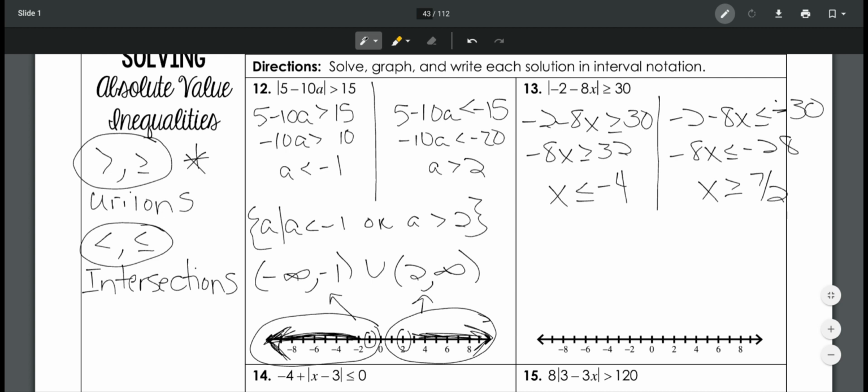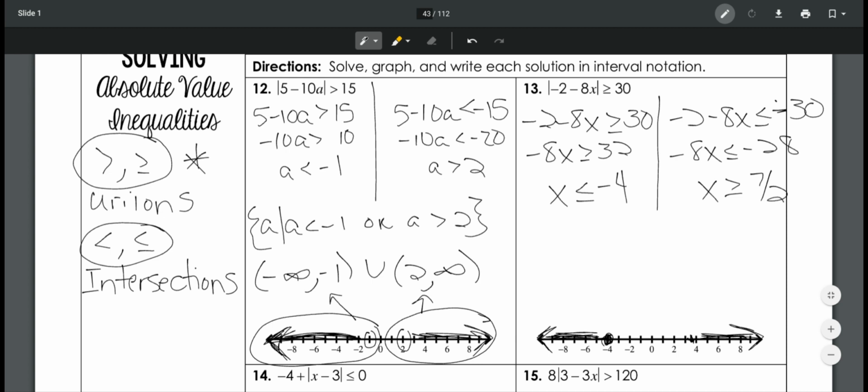So on my graph, I would put a closed circle on negative 4 and shade everything less than. 7 over 2 is equivalent to 3.5, so I need a number right there in between 3 and 4, and then I'm going to shade everything this way, a solid dot between 3 and 4.